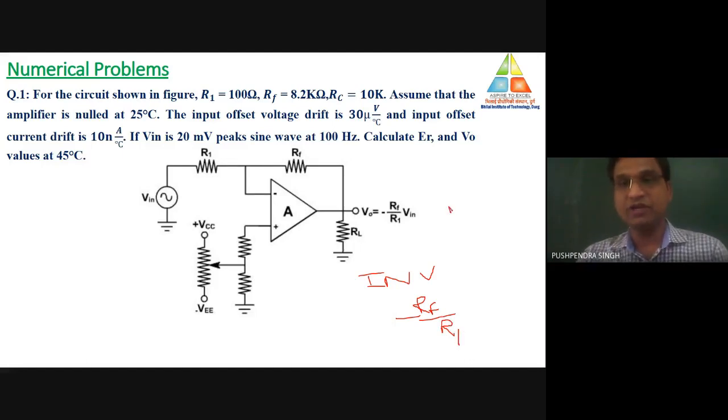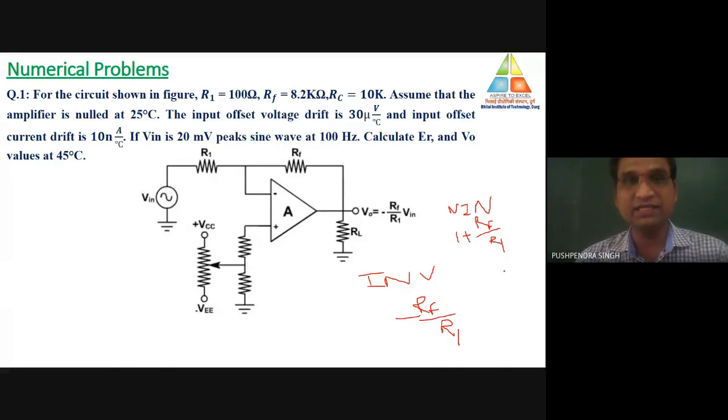But in case of non-inverting, that means the input AC signal is applied at the positive terminal of the operational amplifier, what is the value of output? Output is 1 plus RF divided by R1. This is the formula for the output when the operational amplifier is connected in non-inverting configuration.